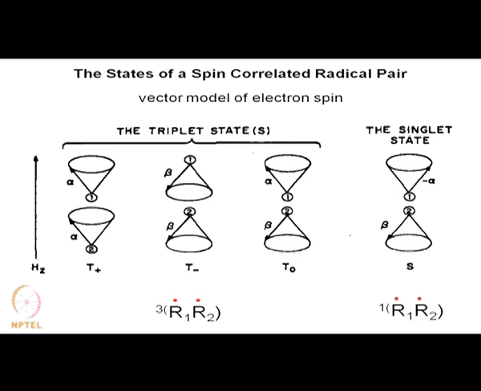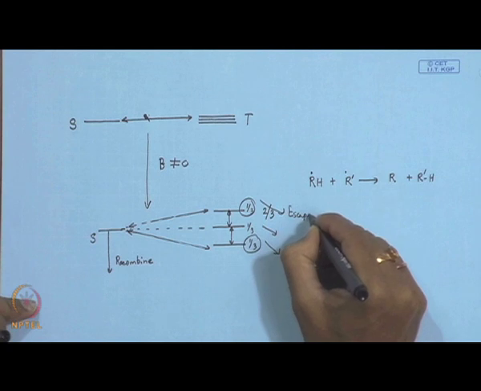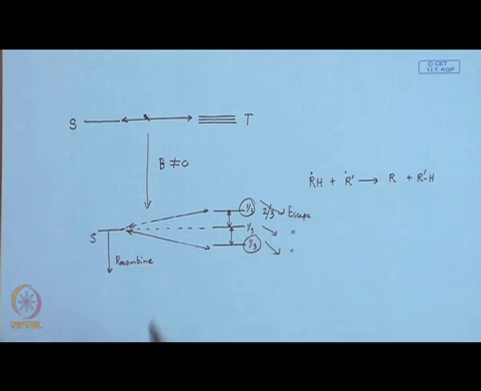Therefore, whenever the system is in triplet state, they will separate out, producing free radicals. But when they are in singlet state, they will quickly recombine to form a bond. Okay. So that is written as escape, the cage escape, and here it will recombine.